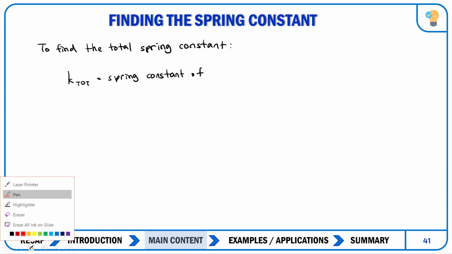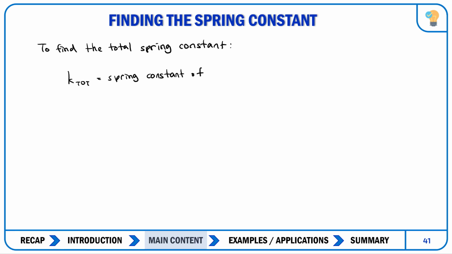So we had that. Actually, not K total. We had the K individual for each one of these.